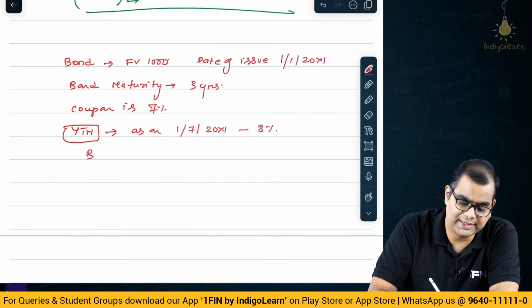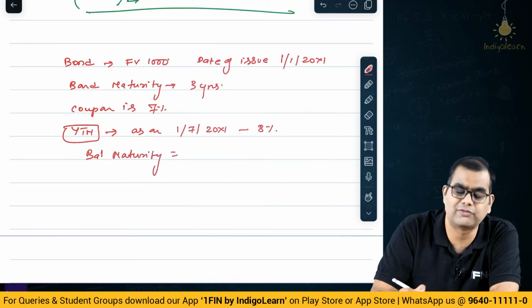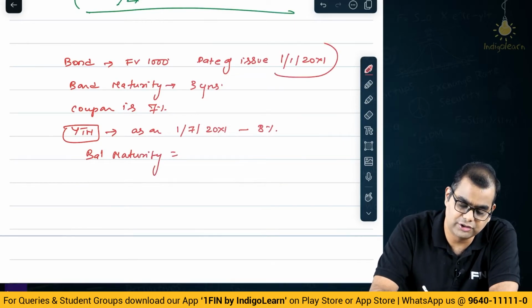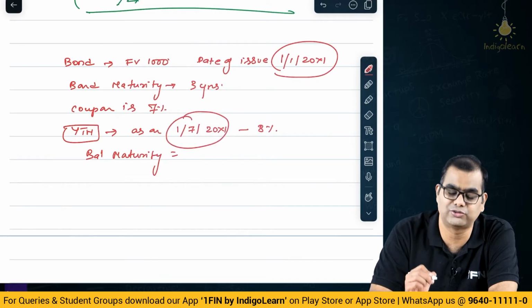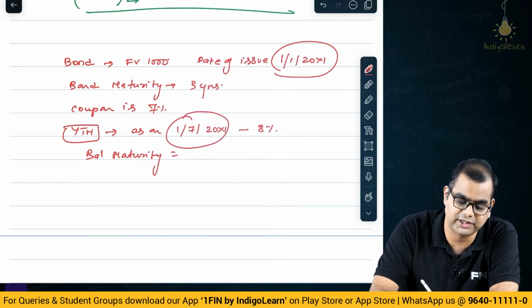So, balance maturity is equal to what? Balance maturity: from 1st Jan 20x1 till 1st July 20x1, 6 months have passed out of total 3 years. So, balance maturity is 2.5 years.